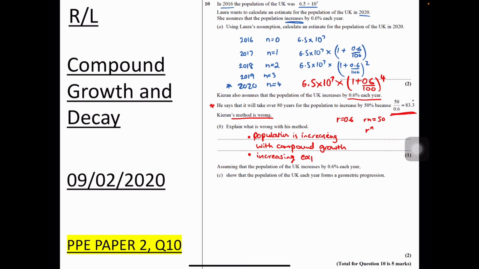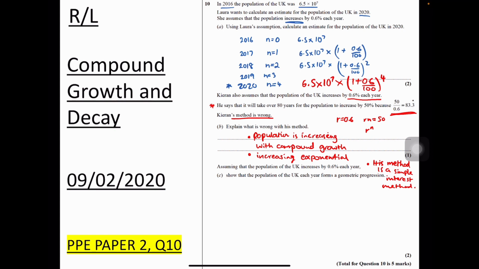Or if you just acknowledge that Kieran's method is simple interest, it's a simple interest example. Any of these would give you the marks.